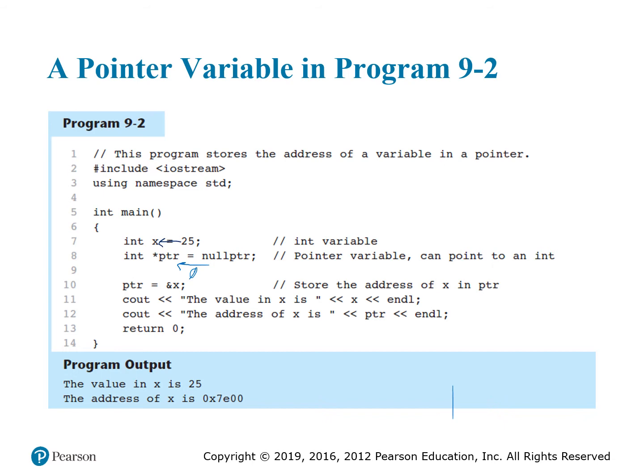So the address of x now gets stored in pointer. And so when we print out x, we print out the value of x, and then we print out the value of pointer, and we get 25, and then we get the address of x.